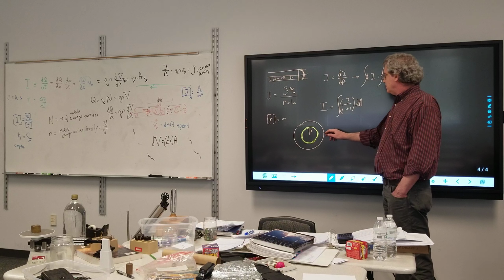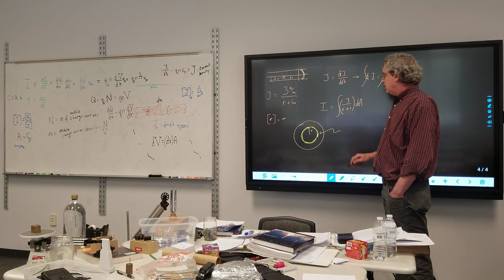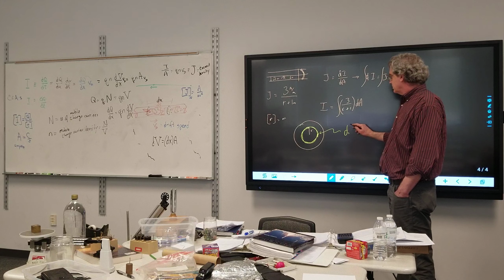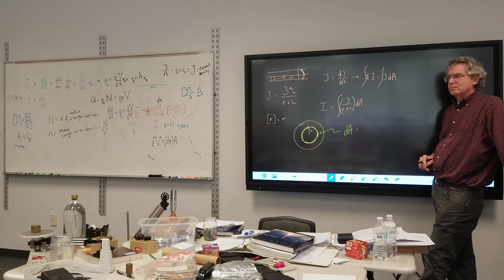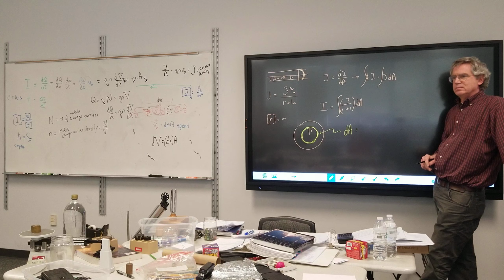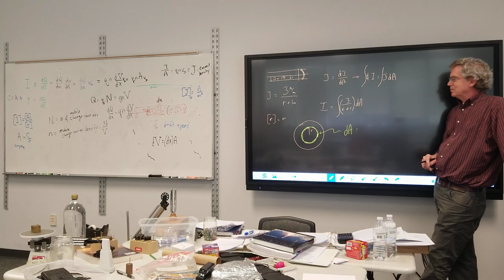What is the area of that circle? R squared. That would be the area of the circle.